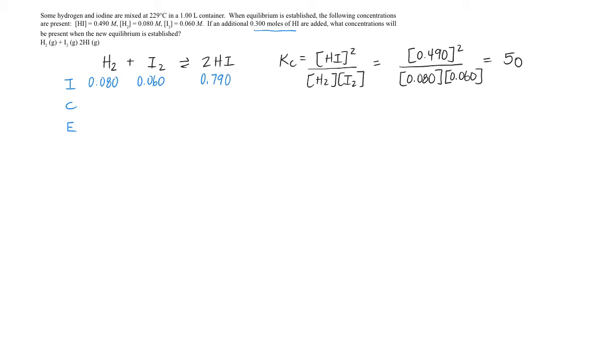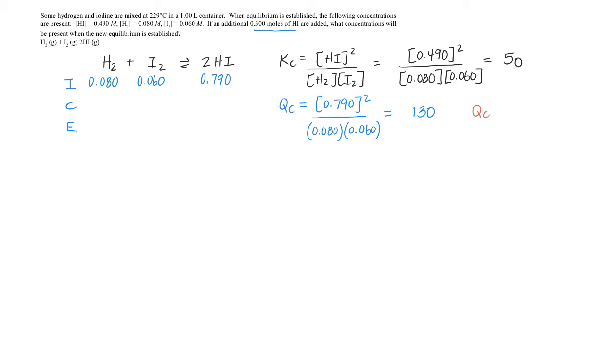To determine which direction the reaction will shift, we can calculate the reaction quotient, or Qc, by plugging in our new concentrations, 0.790 for HI, and keeping the H2 and I2 the same, and we get Qc equal to 130. We can compare the values of Qc and Kc.